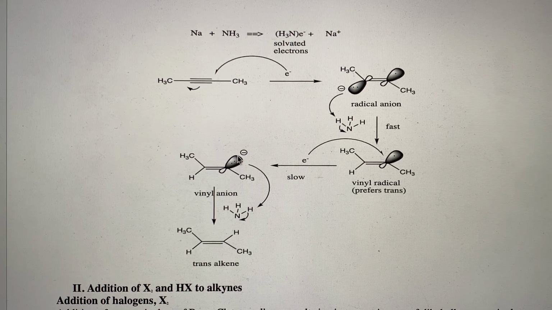Now you've got an anion, so it's going to be hungry for a hydrogen again and pick up the hydrogen. And remember, this one has to be opposite, because it's trying to stay away from electron clouds, so it reduces the repulsions. So that's why you get trans. All right, so that's a very interesting mechanism.